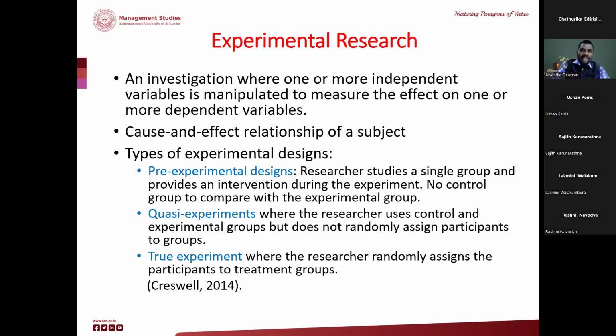If you have a control group with the same set of conditions, and the only change you make is giving the Dhammikapaniya, then you can easily say the survival is because of it. Here there is no control group to compare with the experimental group.